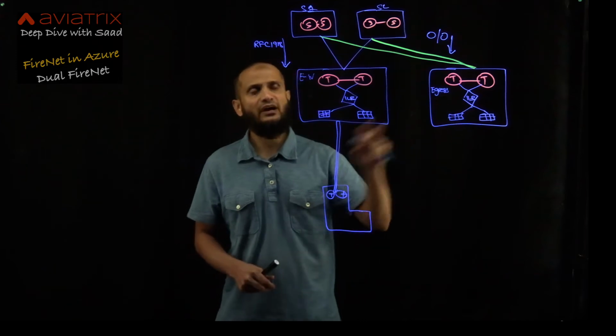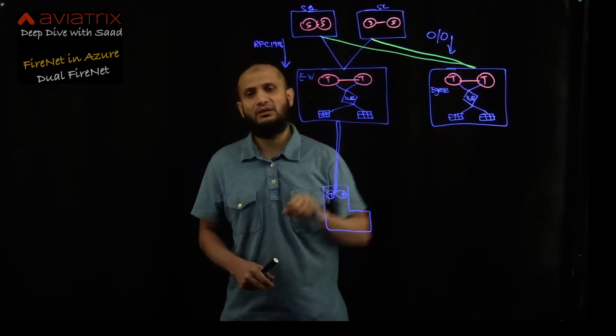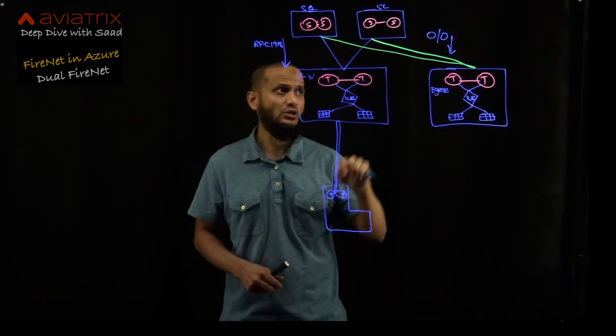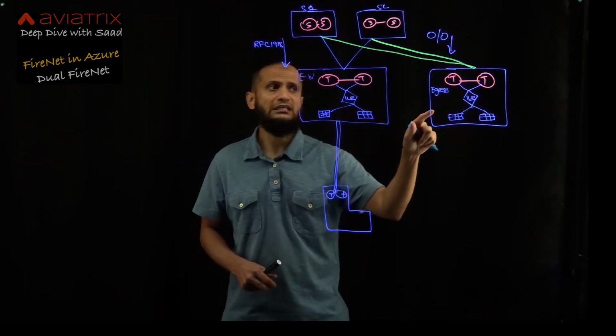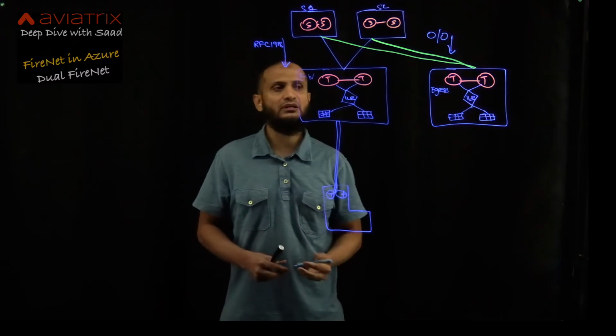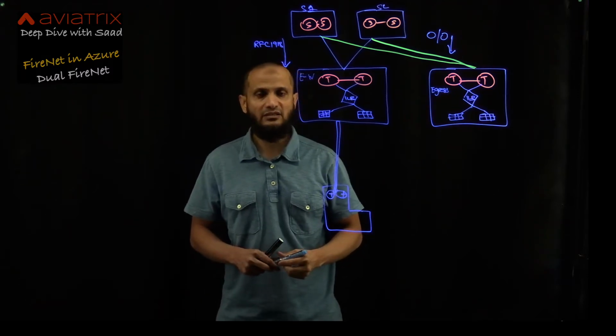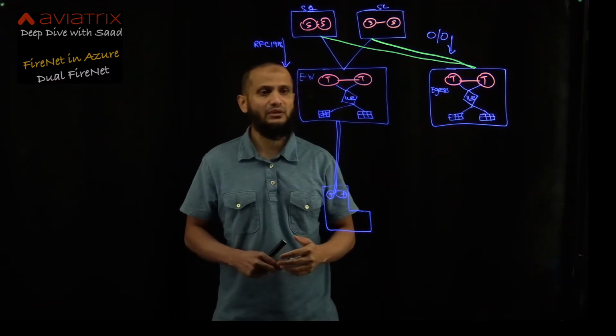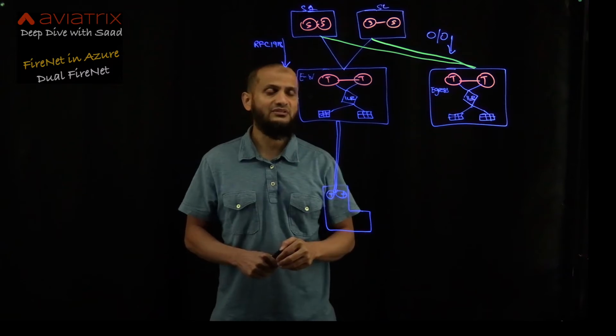So there are two FireNets, and both spoke application VNets are connected to both east-west and egress FireNet. This is also a supported architecture for the enterprises who want to segregate their east-west and egress traffic inspection.